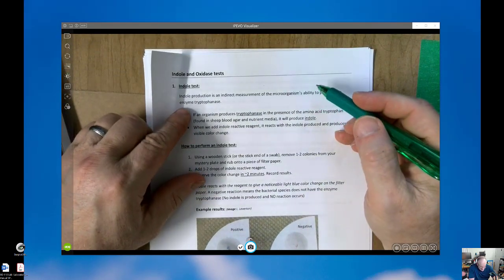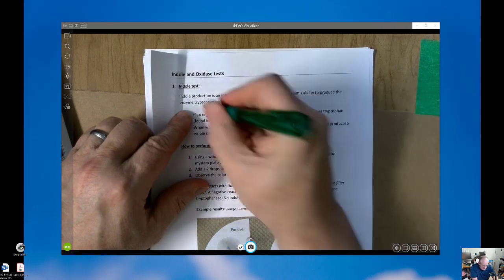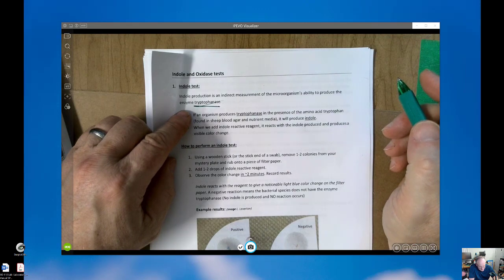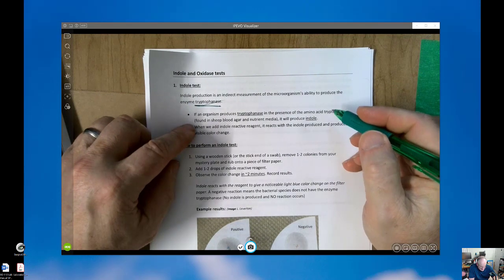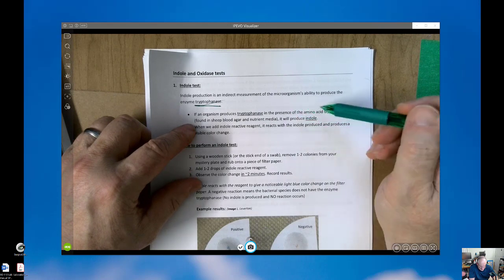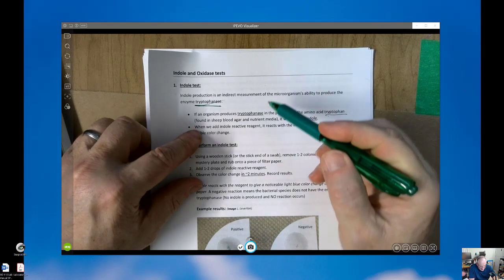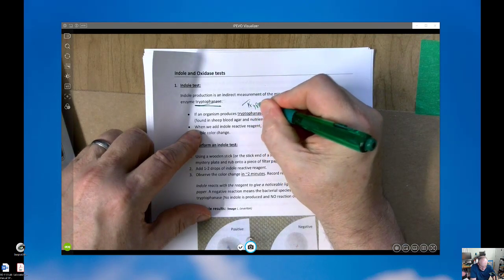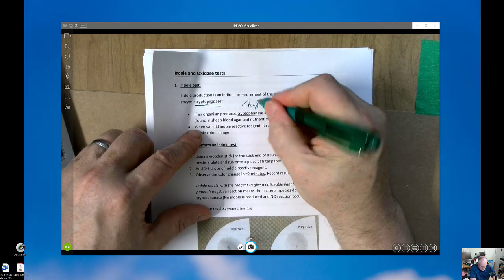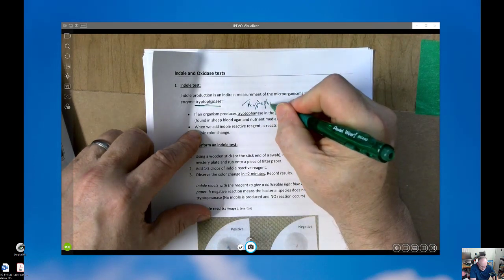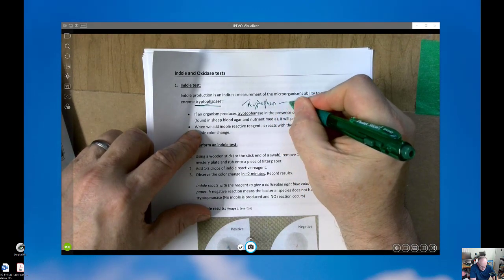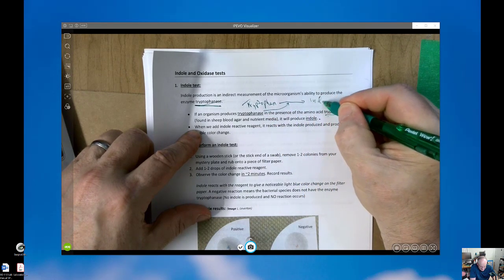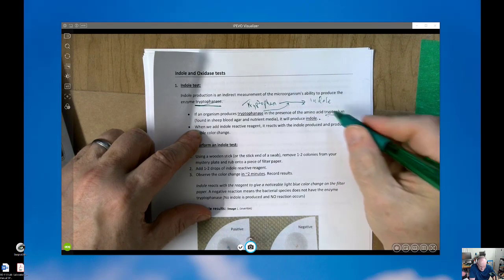We have an indole test, which is a test for the presence of an enzyme called tryptophanase. If the organism produces tryptophanase in the presence of tryptophan, it will produce indole.